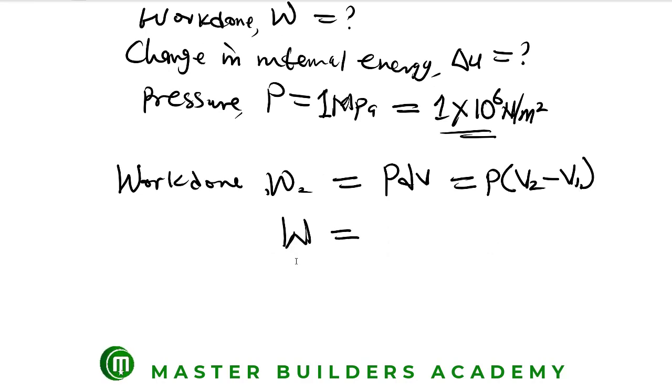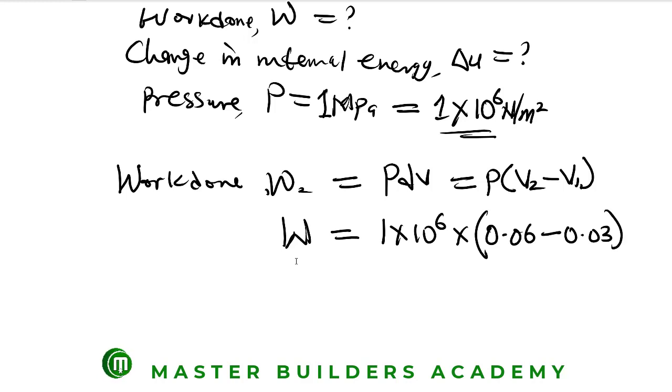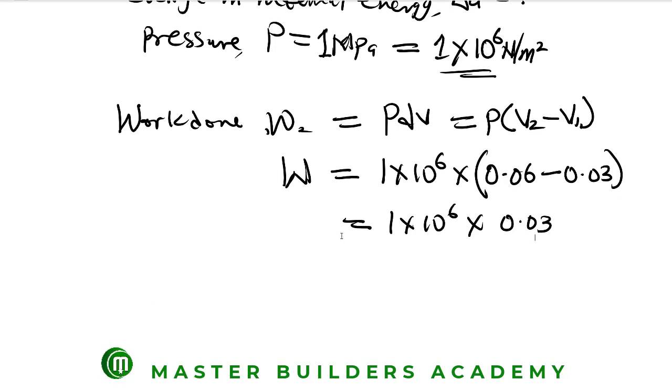So we have work done is equal to 1 multiplied by 10 raised to the power of 6. We are just substituting the value of pressure now. Then for the other, we have 0.06 minus 0.03. When we have this done, our answer becomes 1 times 10 to the power of 6 multiplied by 0.03. Remember, if you remove 0.03 from 0.06, you will still have 0.03.